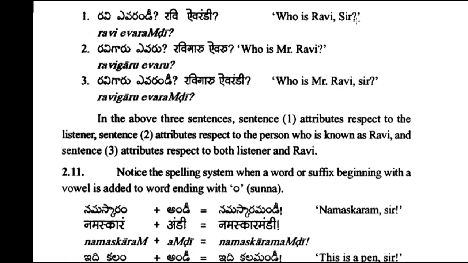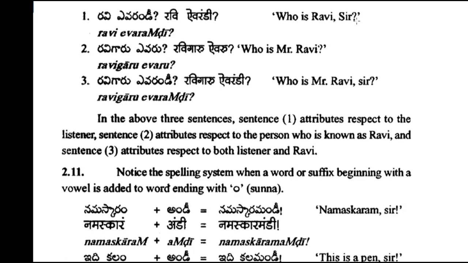Who is Ravi? Ravi Yavaru. Plus, we added Andi: Ravi Yavarandi. Similarly, who is Mr. Ravi? Ravi Garu Yavaru. You can also say Ravi Garu Yavarandi.